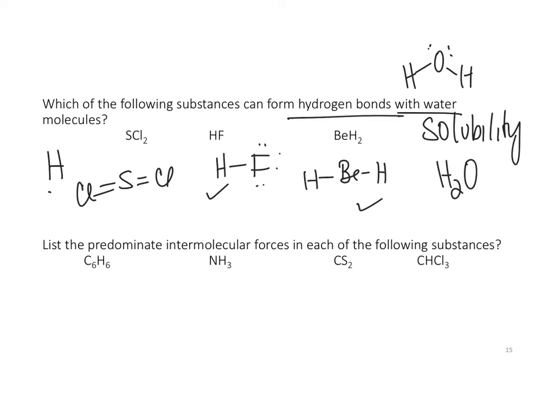let's see, what's that? 14 plus 6 is 20. 1, 2, 3, 4, 5, 6, 7, 8, 9, 10, 11, 12, 13, 14, 15, 16, 17, 18, 19, 20. It doesn't have a hydrogen bond, but can it form if it has a lone pair? So I am looking at that real quick.